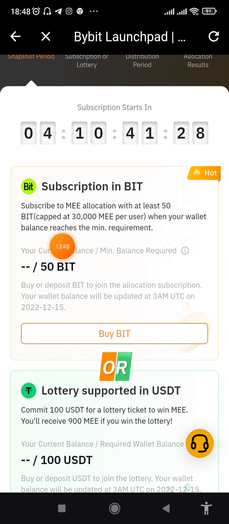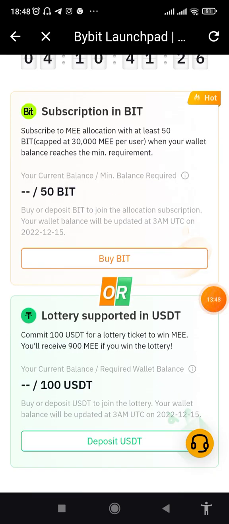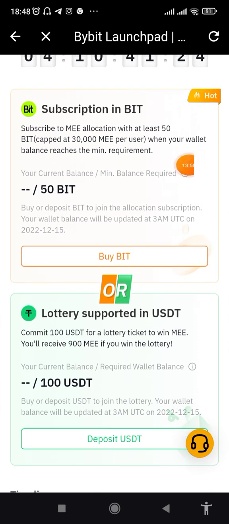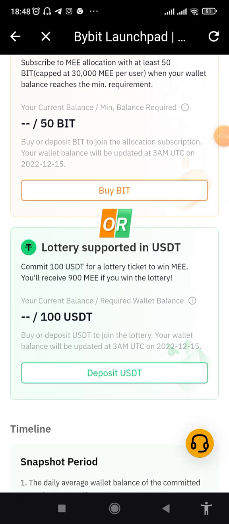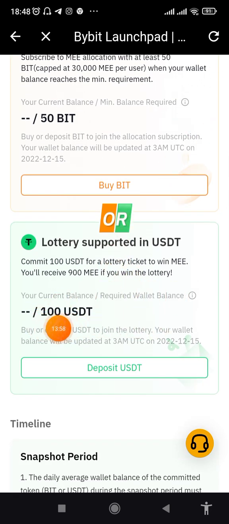Okay, so these are the two subscription pathways you can choose. Either you use subscription in BIT, that is you commit a minimum of 50 BIT, or else you commit 100 USDT.